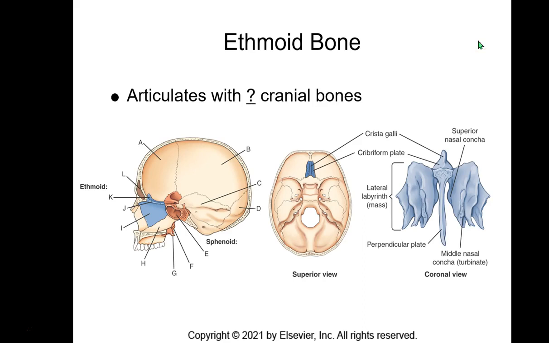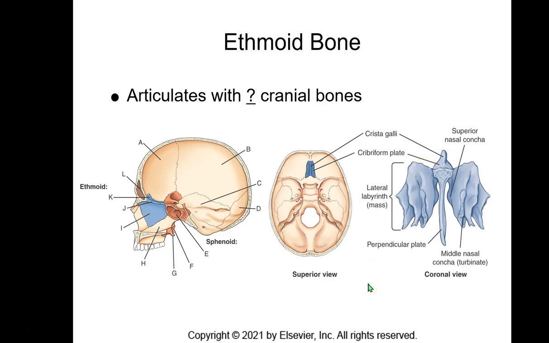The 2 lateral masses, or labyrinths, are suspended from the undersurface of the cribriform plate on each side of the perpendicular plate. So in other words, the lateral masses are on either side of the perpendicular plate, suspended from the bottom of this cribriform plate.